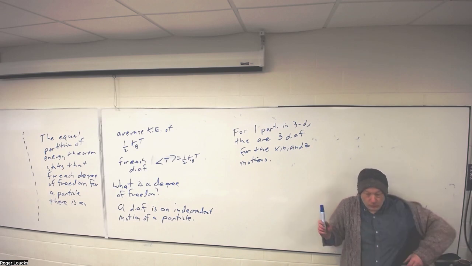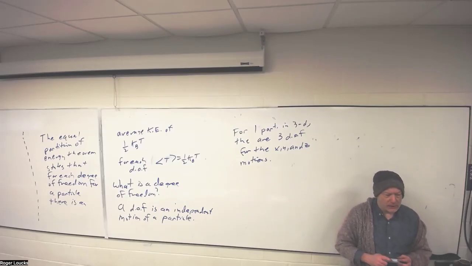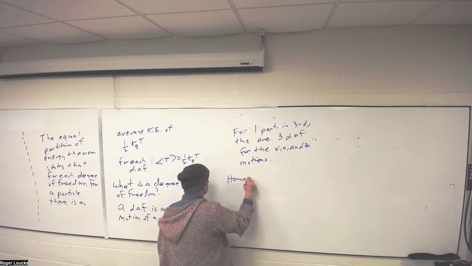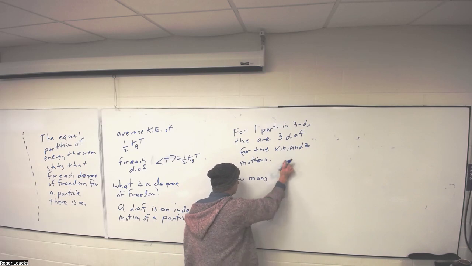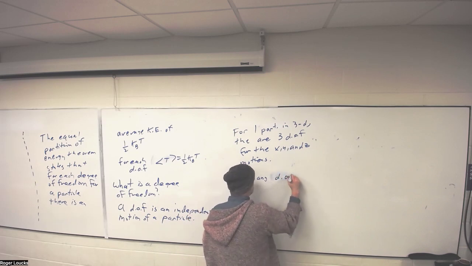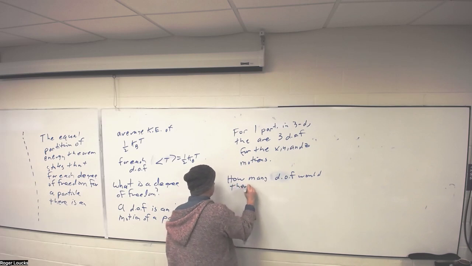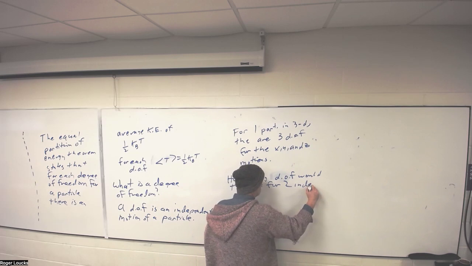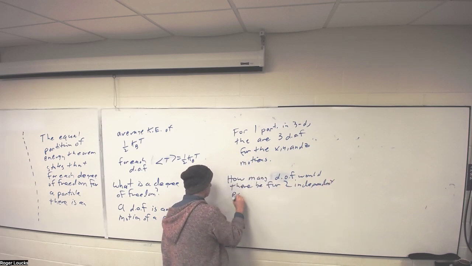I want to do more with this because we're going to need this point later on. So what would happen if I had 2 independent particles? How many degrees of freedom would there be?